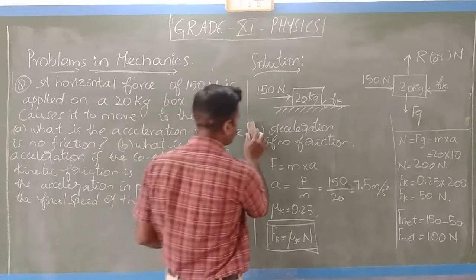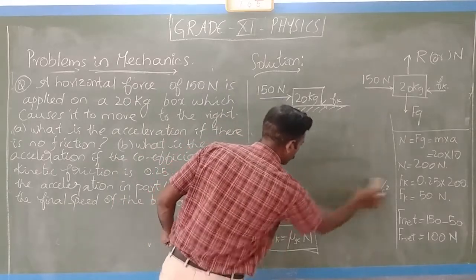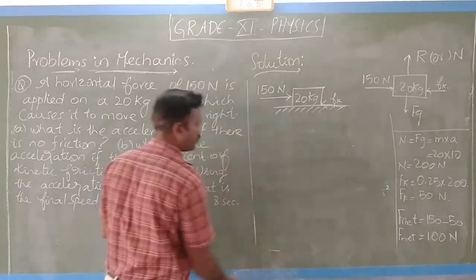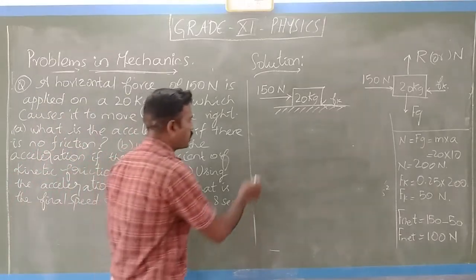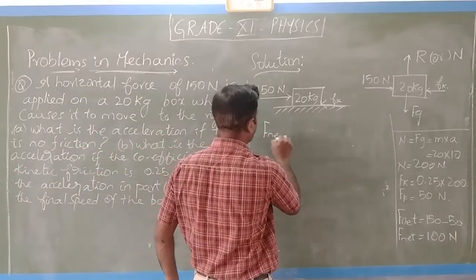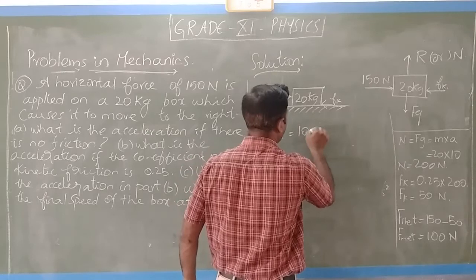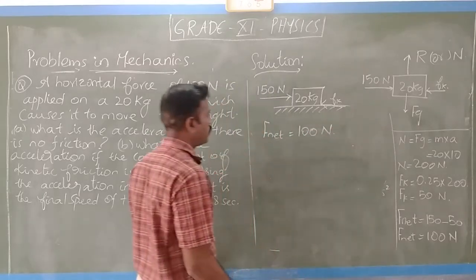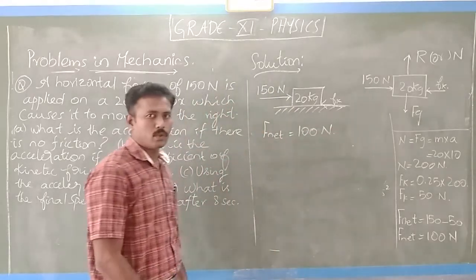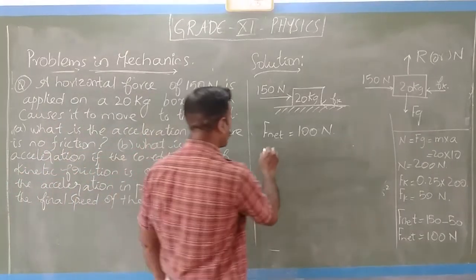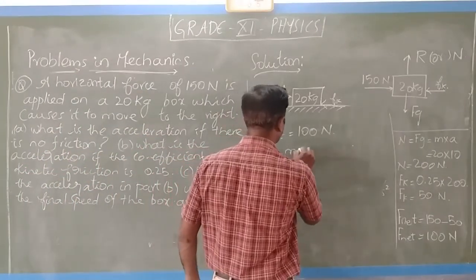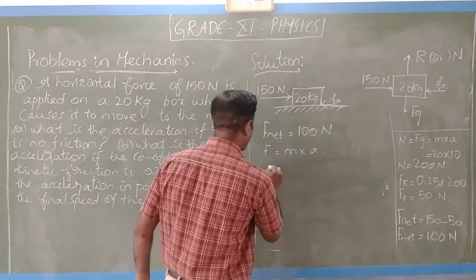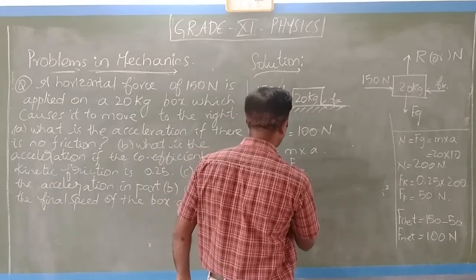And now, what is the acceleration value? F net equals 100 Newton. Now applying Newton's second law, F equals mass times acceleration. Now a equals F by m.